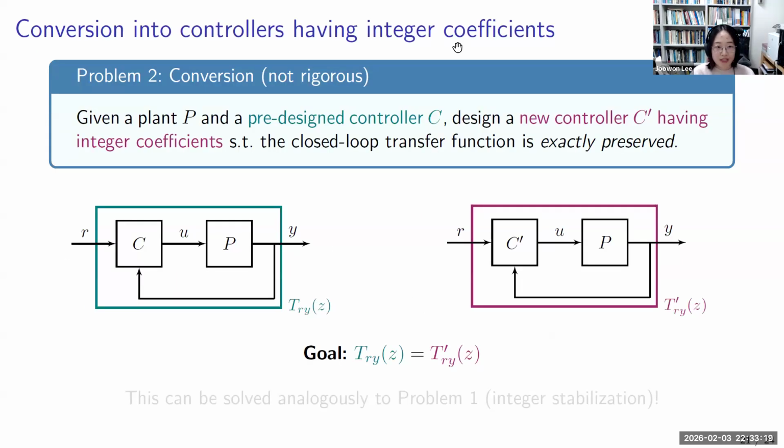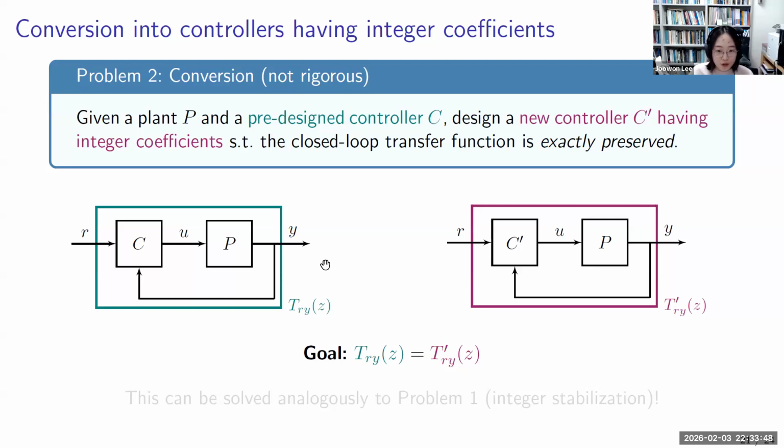So the problem is like this. Given a plant and a pre-designed controller C, we aim to design a new controller C prime having integer coefficients so that the performance of the pre-designed controller is preserved, in the sense that the closed-loop transfer function from the reference signal to the plant output is exactly preserved.